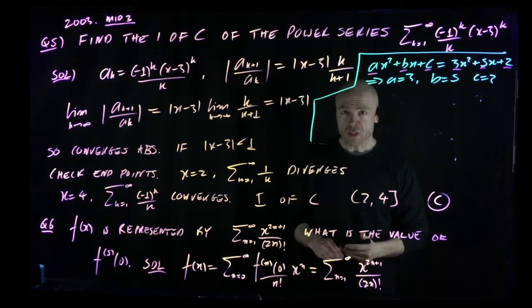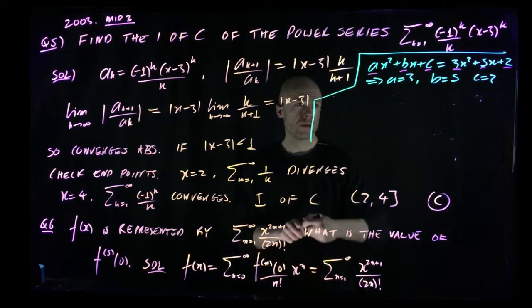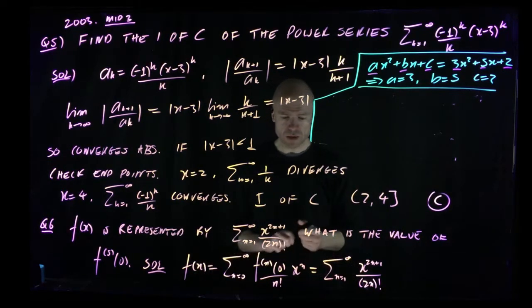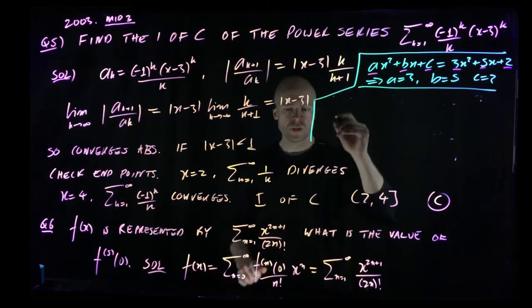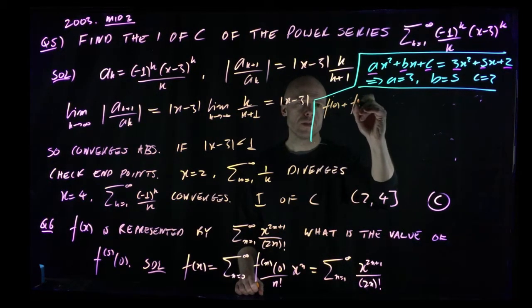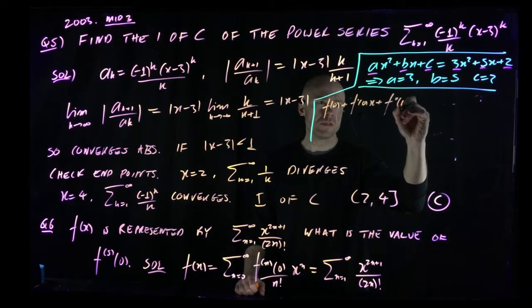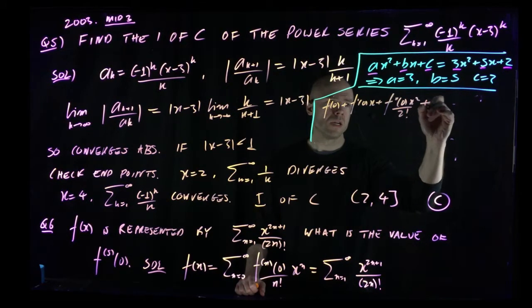So if we write out the first few terms of this power series right here, in the general form we're going to have f of 0 plus f prime of 0 x plus f double prime of 0 x squared over 2 factorial, and then so on.